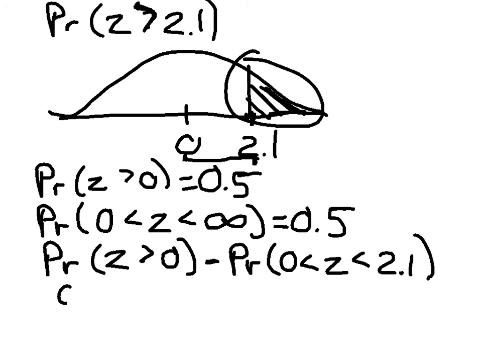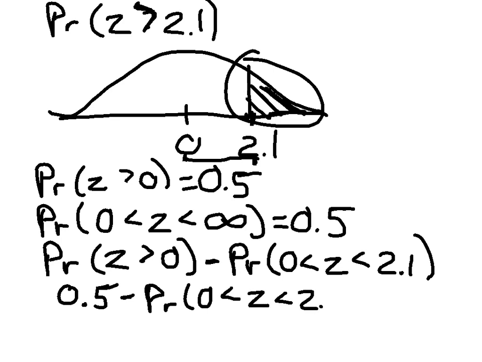Okay, so this first term goes to 0.5. The second term, I have to remember to put my 0 in there, and that's going to be 2.10.